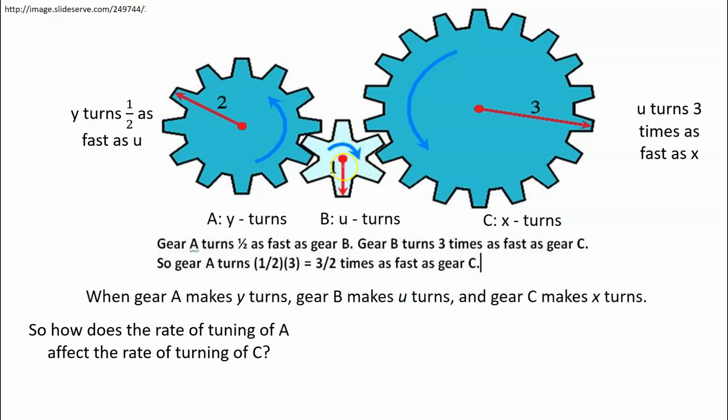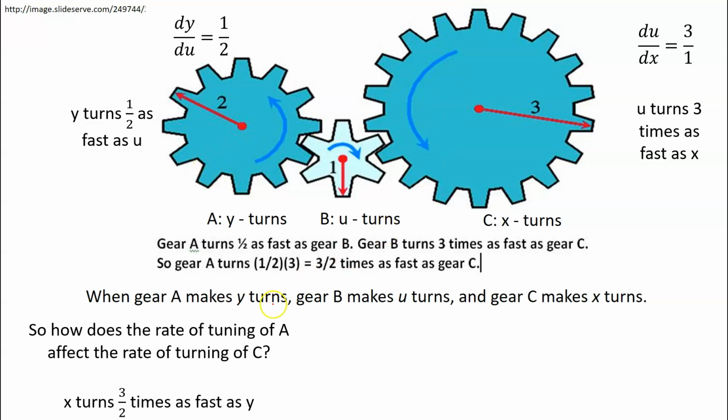And u turns 3 times faster than this one. All right, anyways, I got a rate of change here. Change in y with respect to u is a half. Change in u with respect to x is 3 to 1. There's 3. So now, how would I get from here to here is really the question.